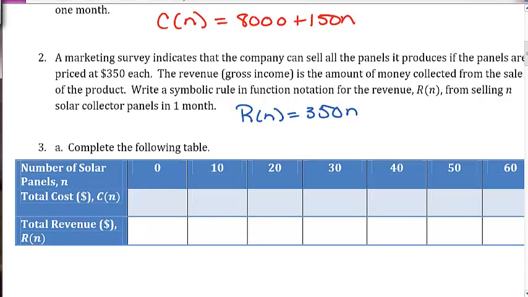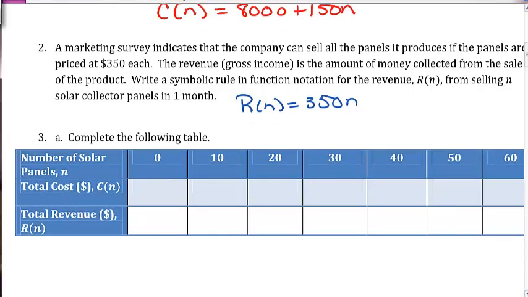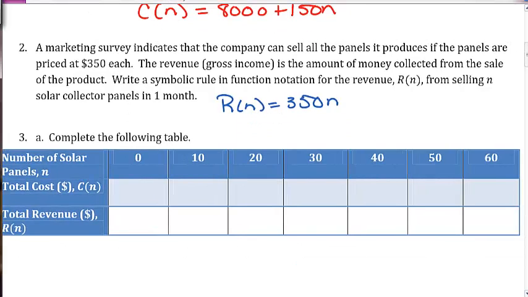Okay, so now we're going to fill in this table, and we are going to plug 0 in for n into the cost function, and then 10 and 20 and so on, and then do the same for the revenue function. So if we don't sell any solar panels at all, our costs are going to be $8,000.